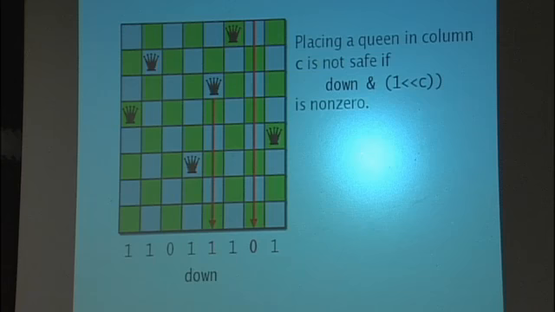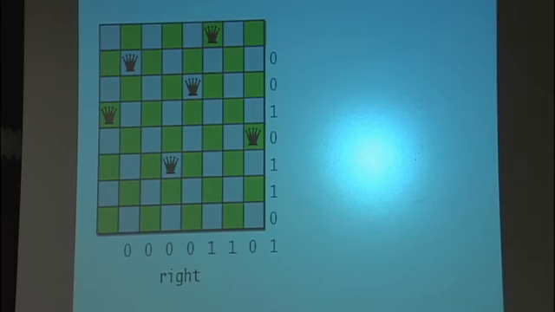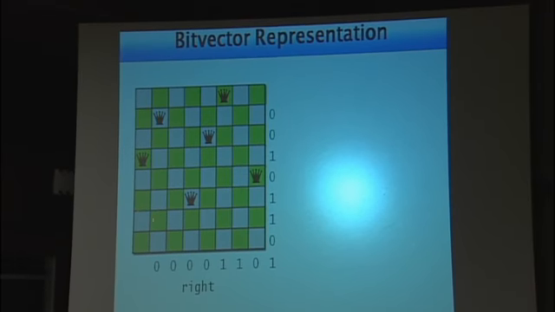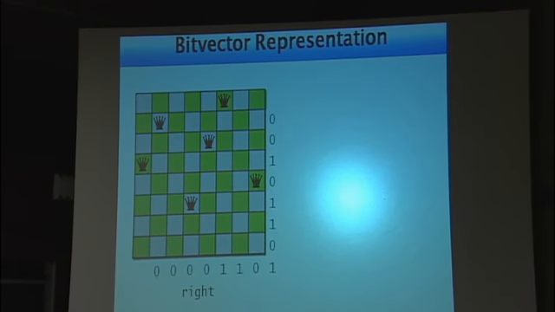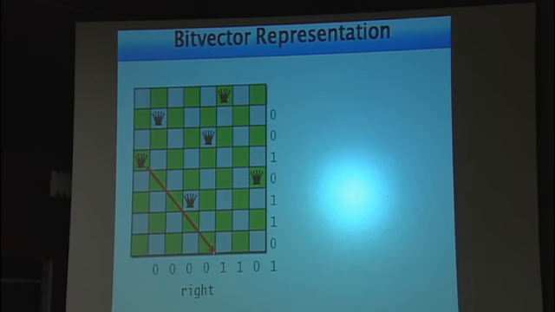Okay, well, what do we do about the diagonals? For the diagonals, we can also use a bit vector representation for each diagonal, where I look to see if there's a queen along this diagonal. If there is a queen, then it's a 1, and if there isn't a queen on a diagonal, it's 0. There are more diagonals than there are columns, so I have a longer bit vector representation.